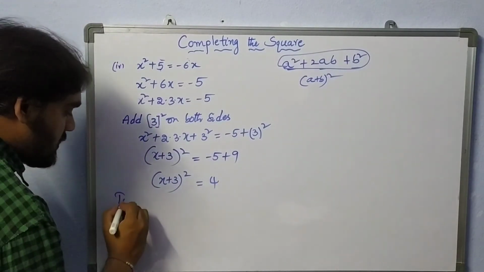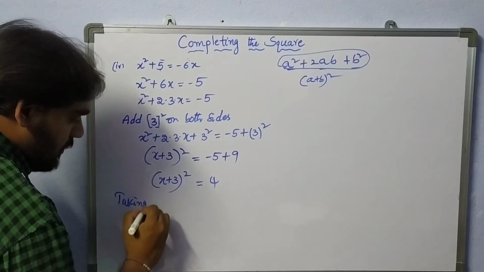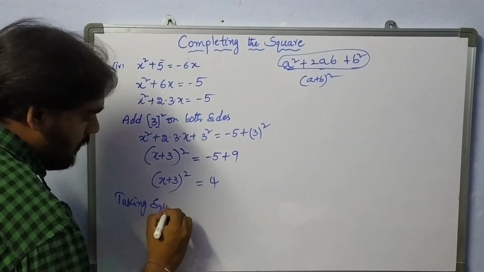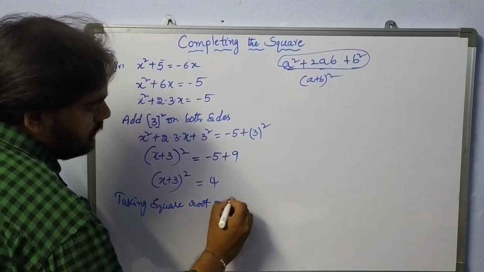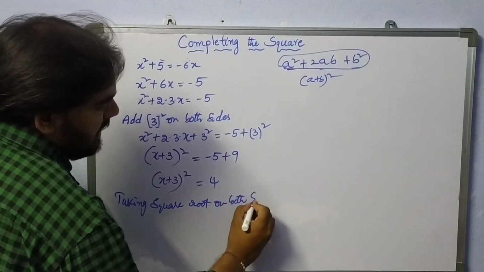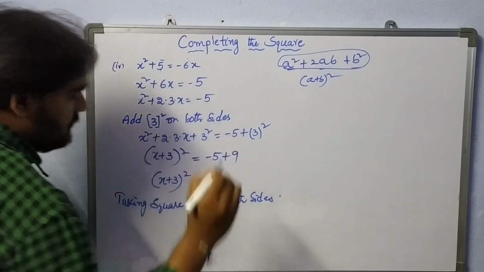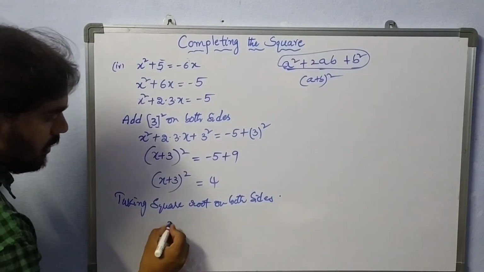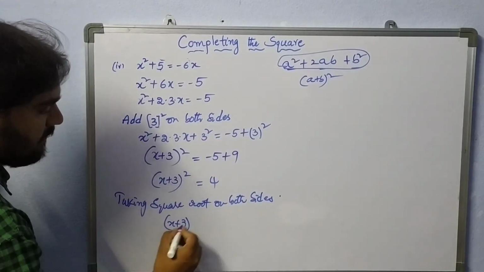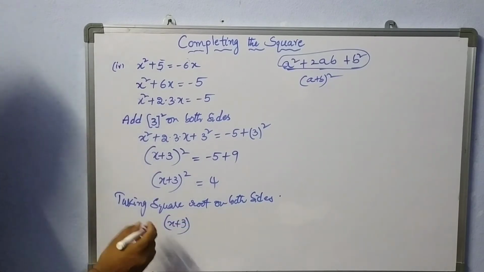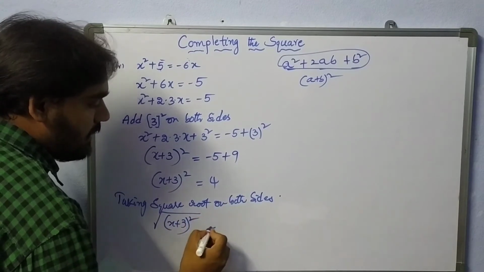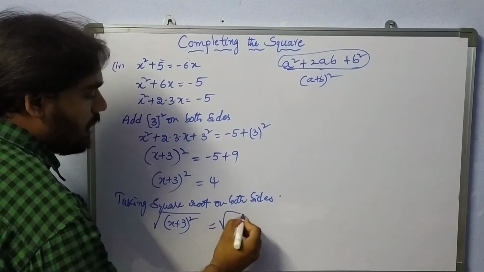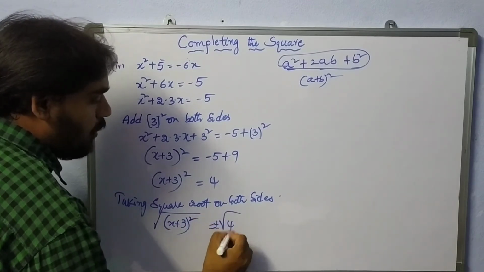Taking square root on both sides. At that time, the square root of x plus 3 whole square is equal to plus or minus square root of 4.